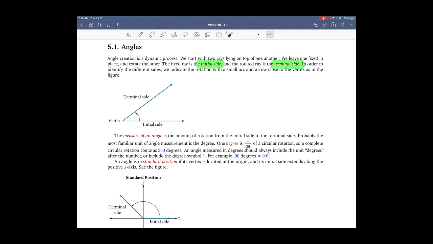Later on, we will agree that angles where the arrow is pointing counterclockwise are positive, and angles where the arrow points in clockwise direction are negative.